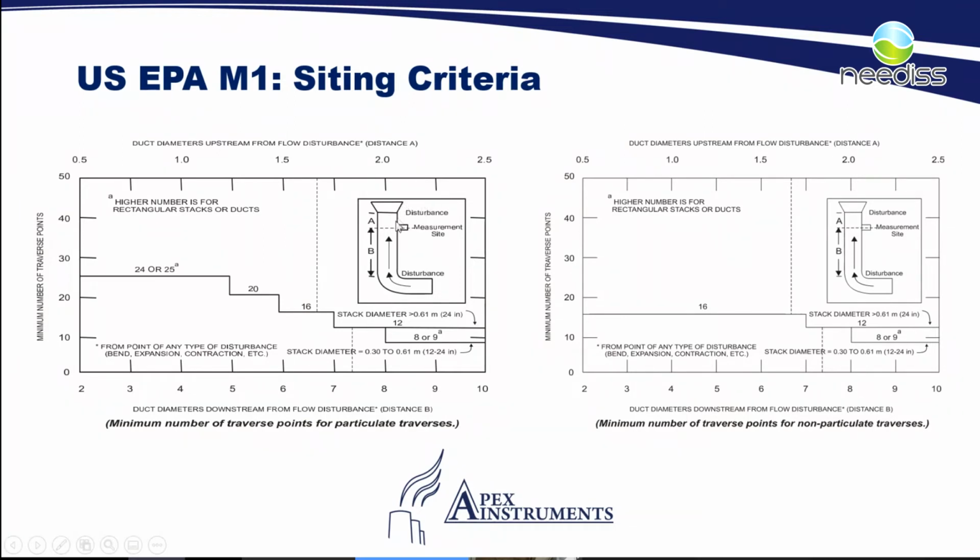So for Method 2F and 2G, you would use the same Method 1 calculations to determine the best place to sample as you would for a Method 5. Now, keep in mind that oftentimes facilities and customers are requesting more accurate flow measurements in locations that do not exactly meet Method 1. They may have very unique situations with their stack, and they do want to measure in locations where there is quite a lot of turbulence.